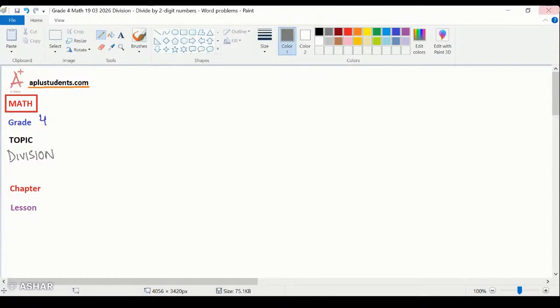Let me give you the chapter number and the lesson number. Chapter 11, lesson number 14, and the name of the lesson is divide by 2-digit numbers, and we would be doing word problems today.